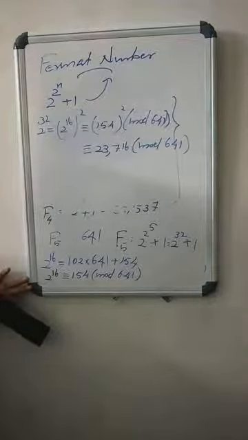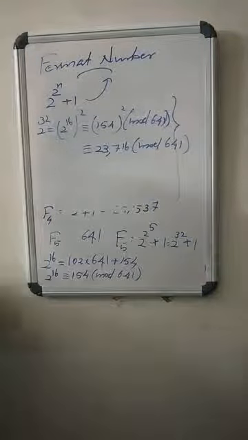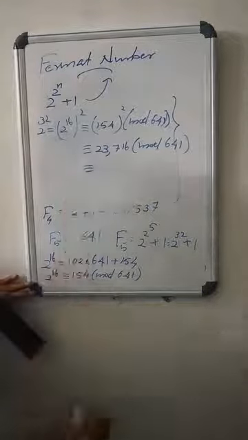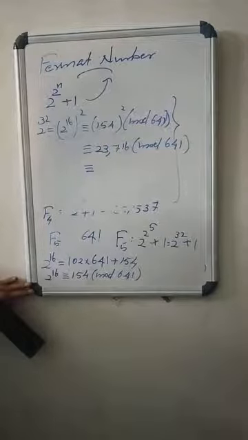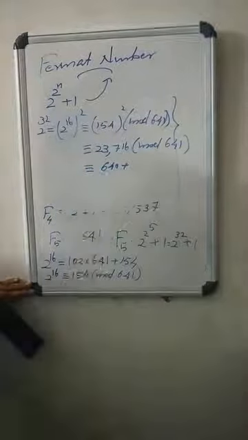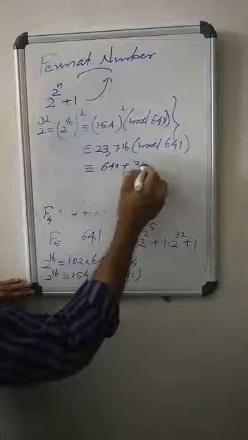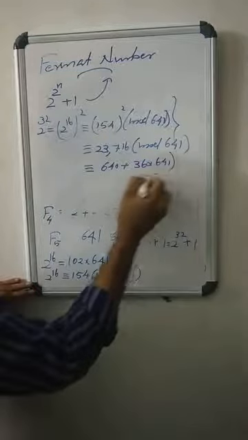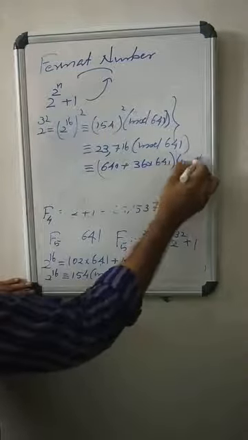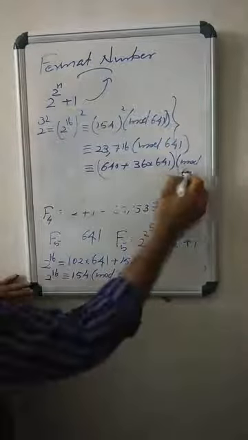You can again rearrange it: 2 power 16 whole square is congruent to 640 plus 36 into 641, mod 641.